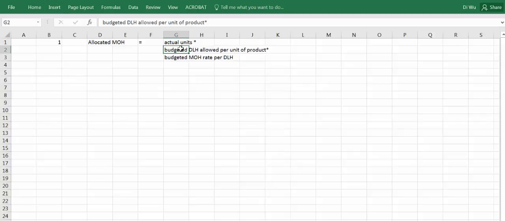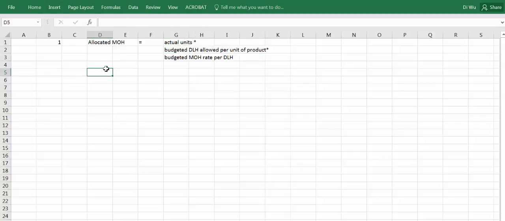By the end of the fiscal year, as I said in chapter 4, we are going to reconcile, so we may over-allocate or under-allocate, and we have to make adjustments to make sure the COGS and inventory costs are not inflated or deflated. That's the reason we want to do that.